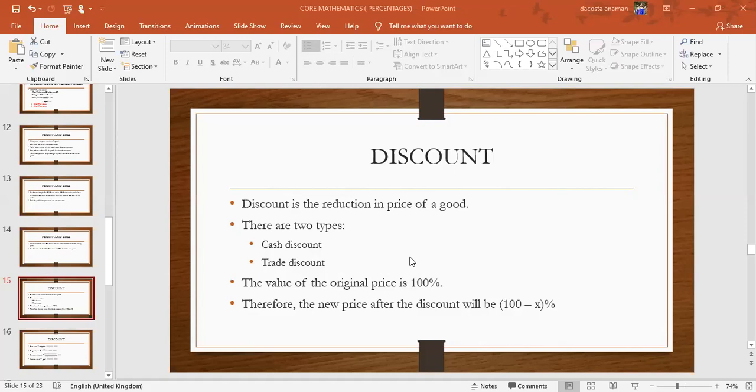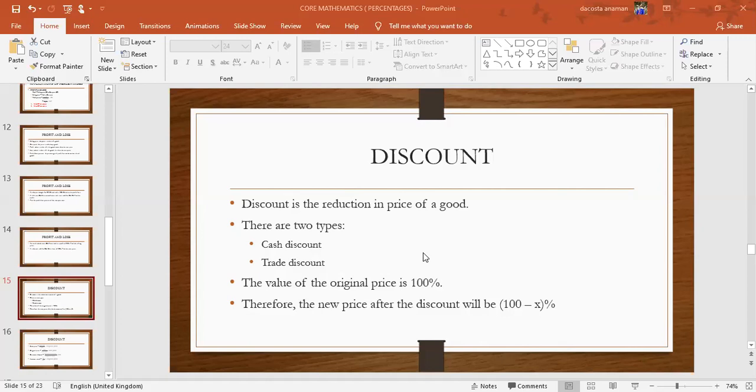Sometimes people say free delivery if you are in Accra, or free delivery if you buy 20 goods. They are all discounts. So we have two differences. The cash discount is paying immediately with cash, and the person can give a cash discount of maybe 5% on the cash. Then the trade discount is on the goods that you are buying, on the product.